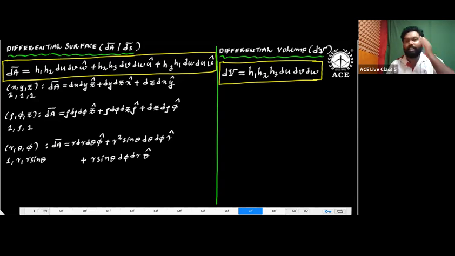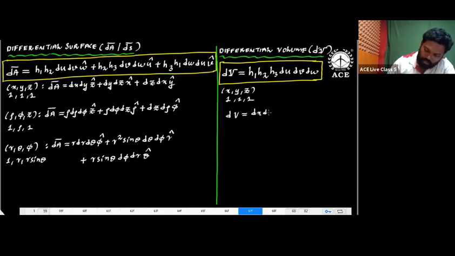What happens for the Cartesian coordinate system? x comma y comma z, 1 comma 1 comma 1. So the differential volume is dx dy dz.